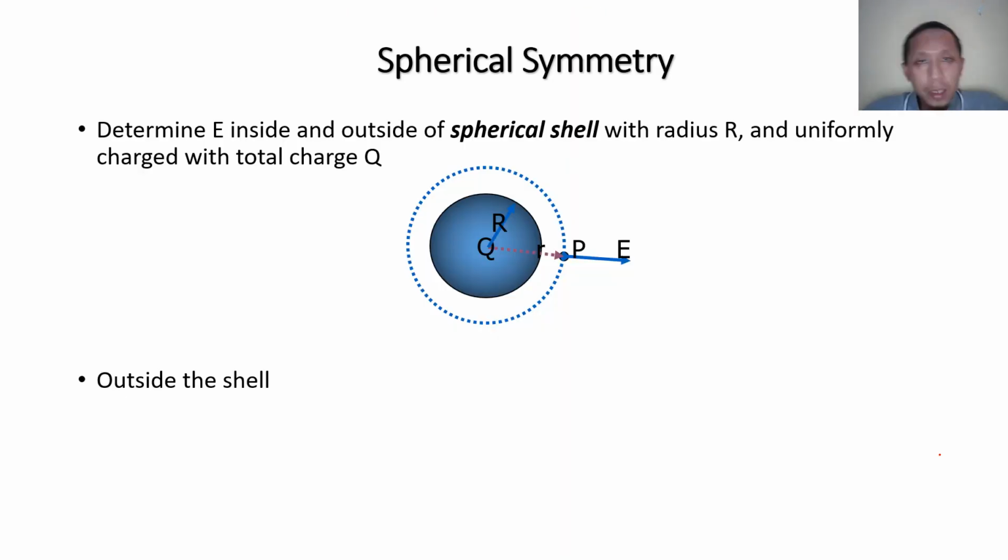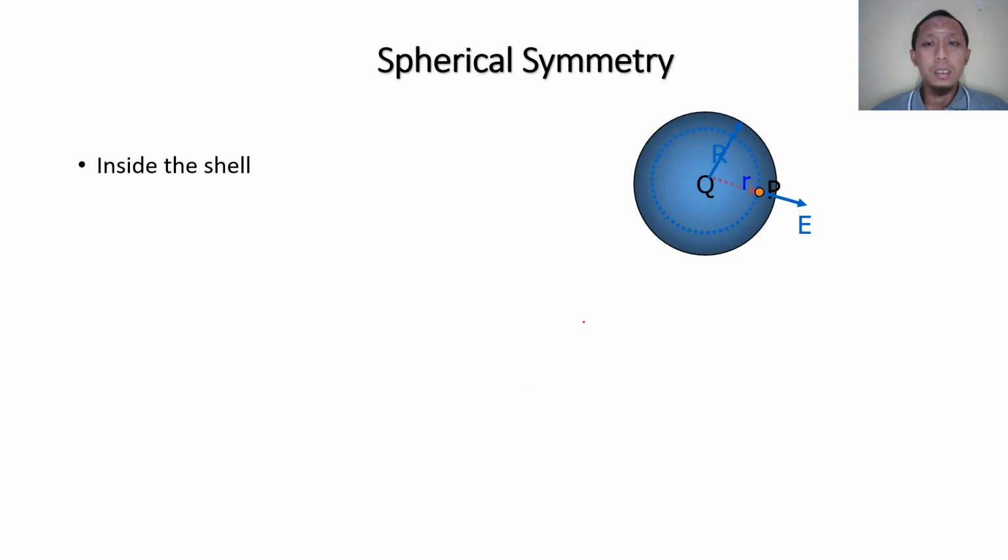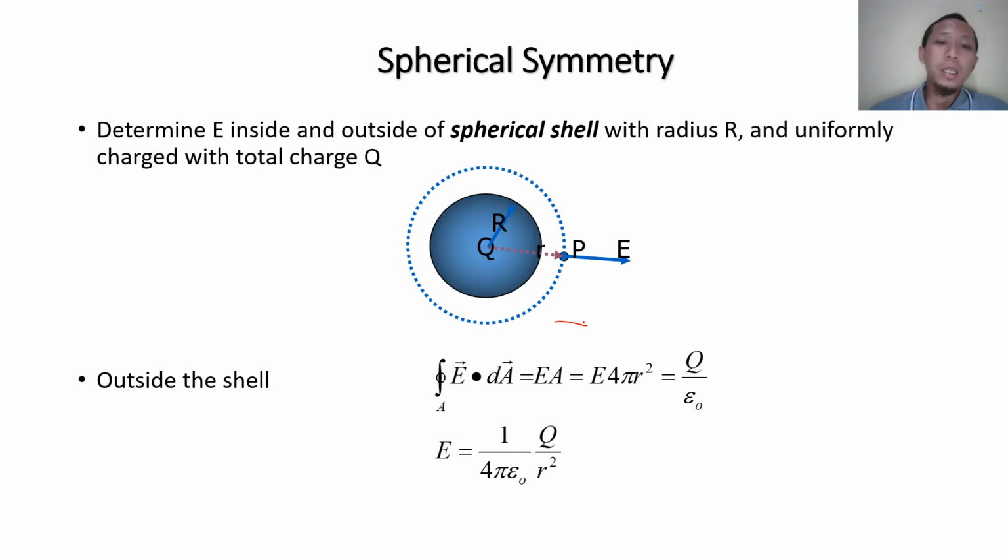And then for spherical symmetry, determine the E inside and outside a spherical shell with radius R and uniform charge with total charge of Q. So for the outside of the shell, we can use the flux, the surface integral of E dot dA, or E times 4 pi r squared, equal to Q over epsilon 0. It's like the previous explanation: flux is Q enclosed over epsilon 0.